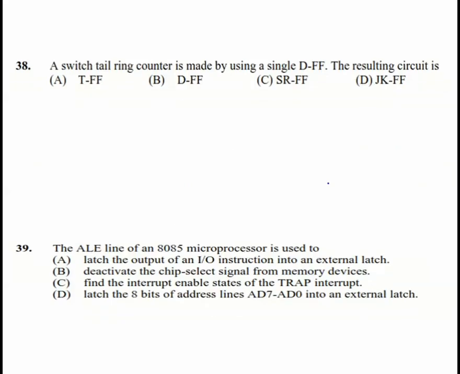And the next question, that is the 38th question here. This question was asked in GATE 1995 for the EC branch. A switch tail ring counter is made by using a D flip-flop. The resulting circuit is, so let's take a D flip-flop here.